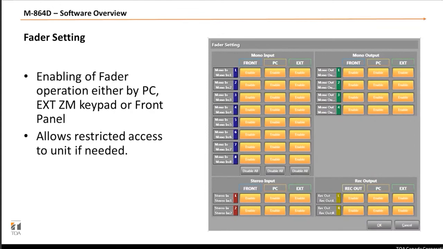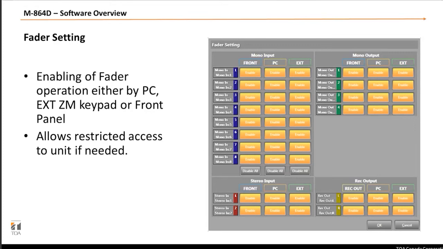So we see here that all the inputs are tagged 1 to 8, and you can enable or disable the slider in the front, or the sliders from the PC, or external control of each input or output.